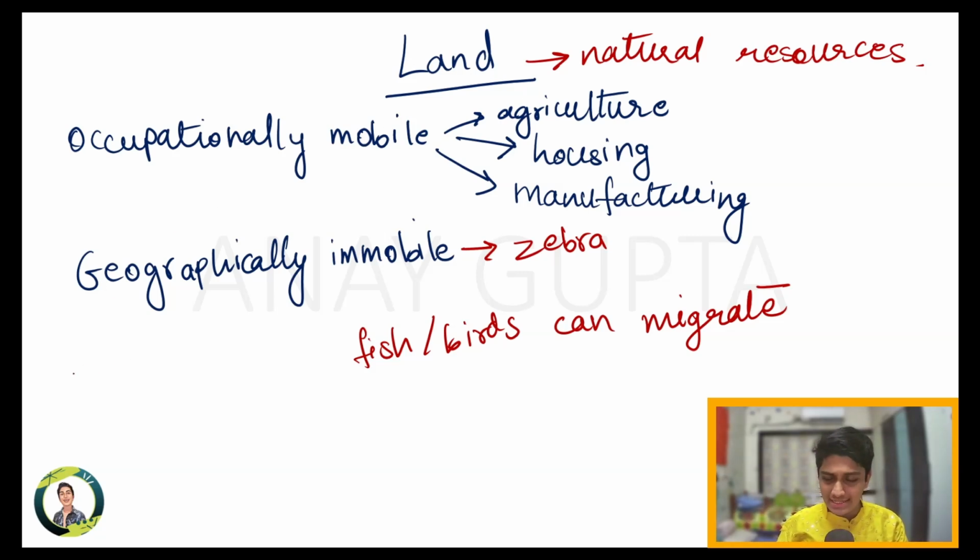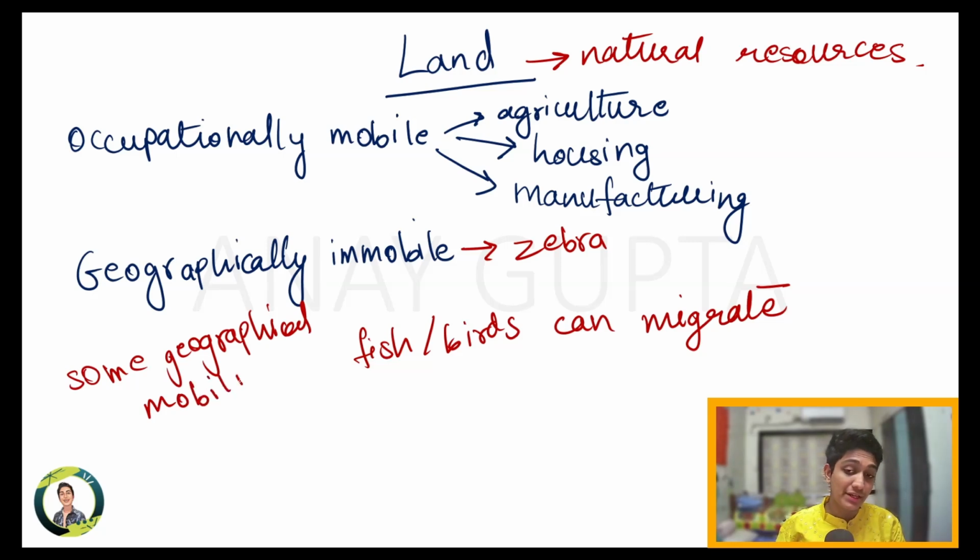So there is some geographical mobility as well, if you think of it this way. It all depends on the perspectives that you can put forth in front of the examiner.